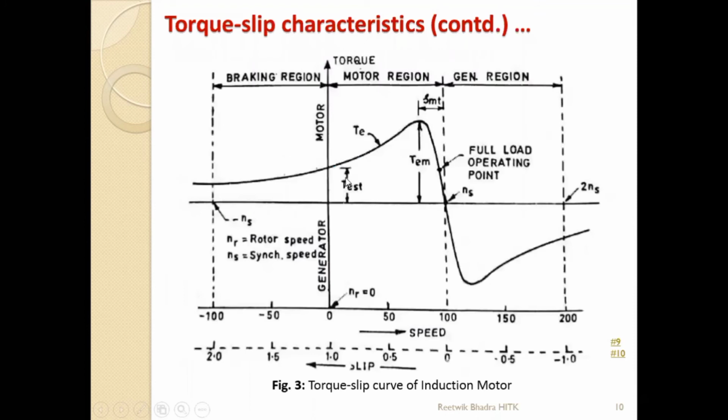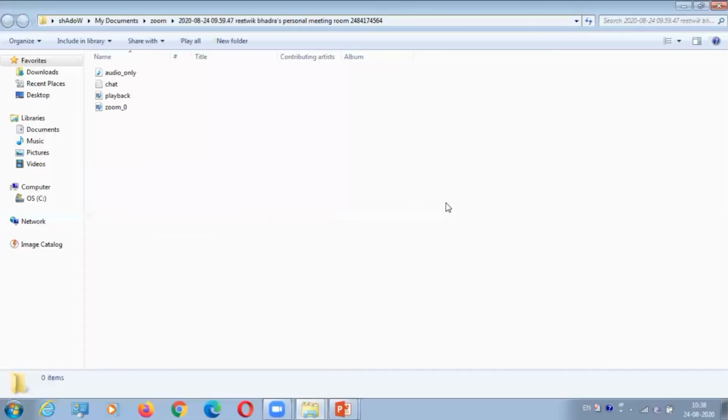That's why it is ending at this point. But actually the motor is starting from this point only, right? Because NR is 0. This is standstill. Since there is no rotor speed, there is standstill, and slowly it goes like this, reaches this point, and after that follows this straight line. So this is actually your starting point. This is actually your end point.